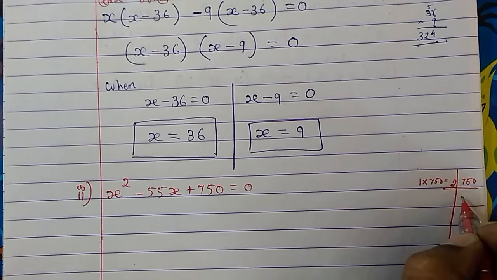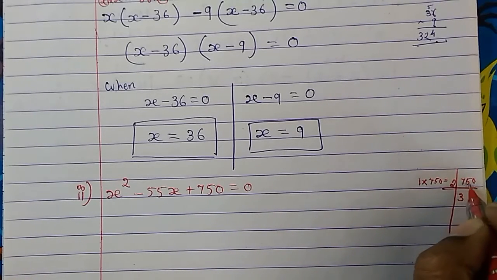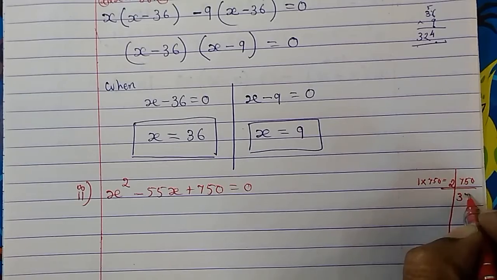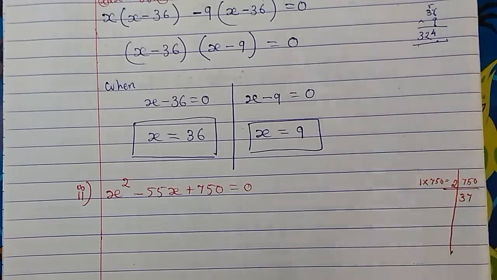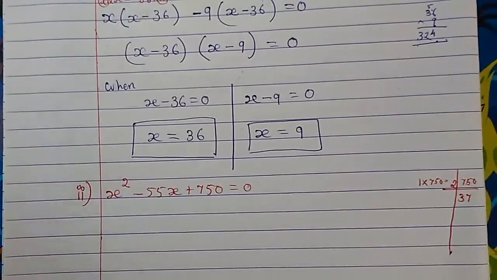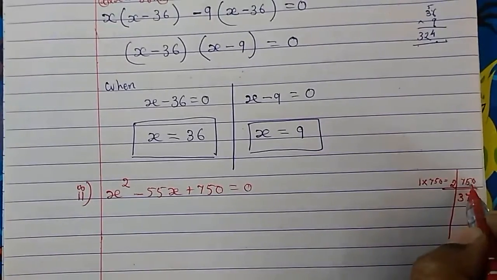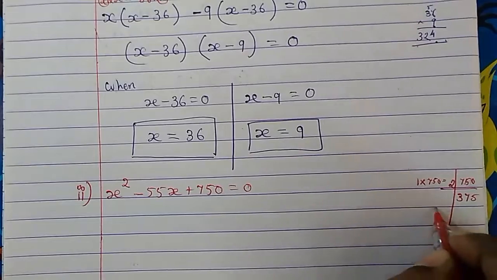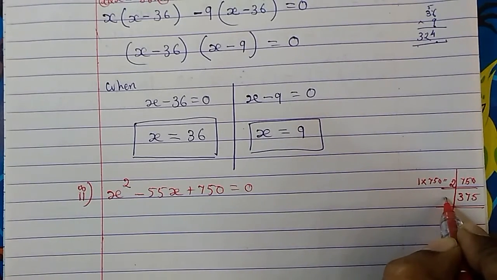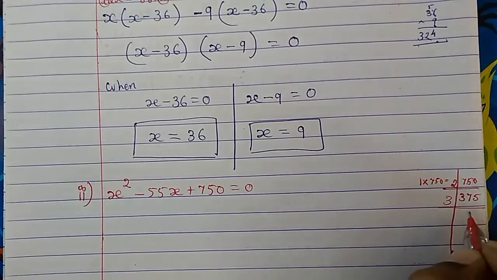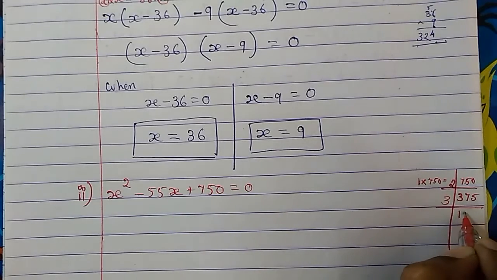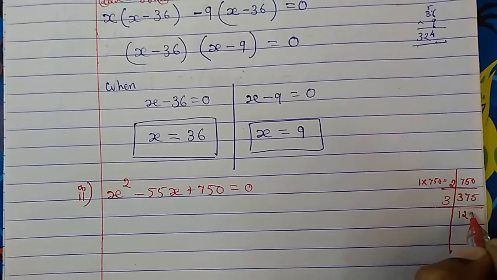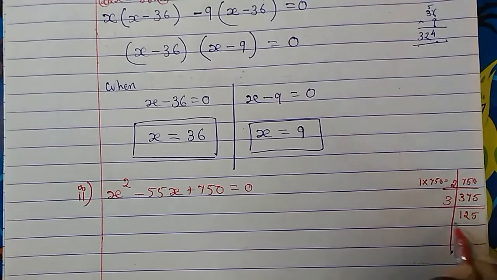1, 2, 2 2s are 4, 3 2s are 6, so 3, 1 carried forward, 7 2s are 14, 1 carried forward, 10, then 5 2s are 10. Okay, this can be divisible by 3. So with 3, 1 times 3, 2 times 6, 1 carried forward, 5 times 15.